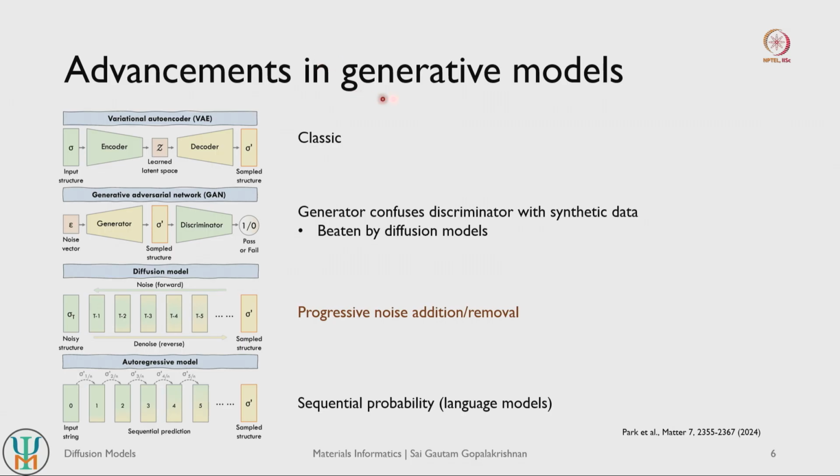But generative models have gone through several rounds of advancements, especially in the recent past. As I mentioned in the previous slide, variational autoencoders are the classic generative models that are quite popular in the literature.